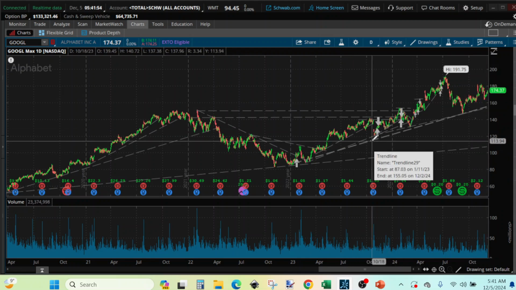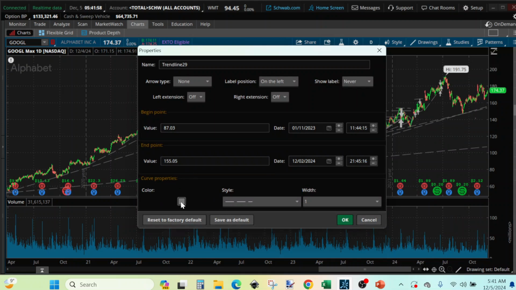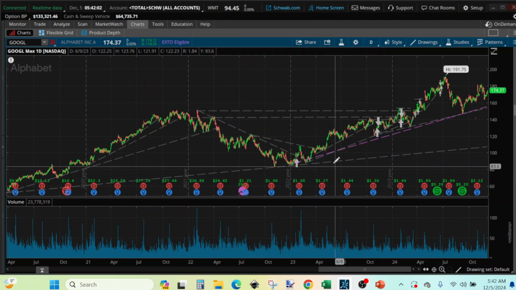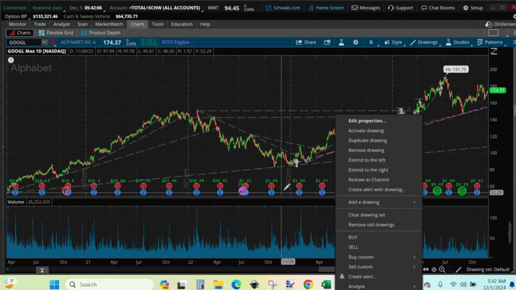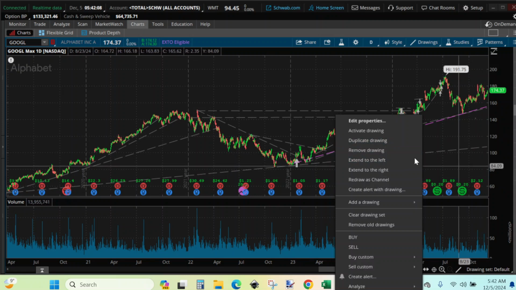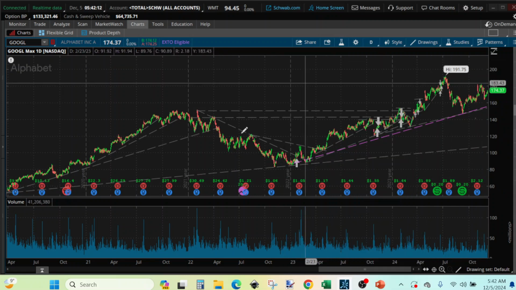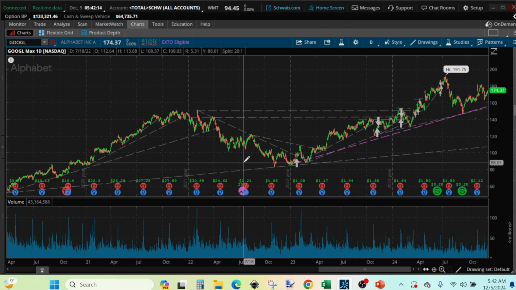And this trend line, let's make it color coded for us to separate among the others. This is a longer trend line on the maximum monthly chart.